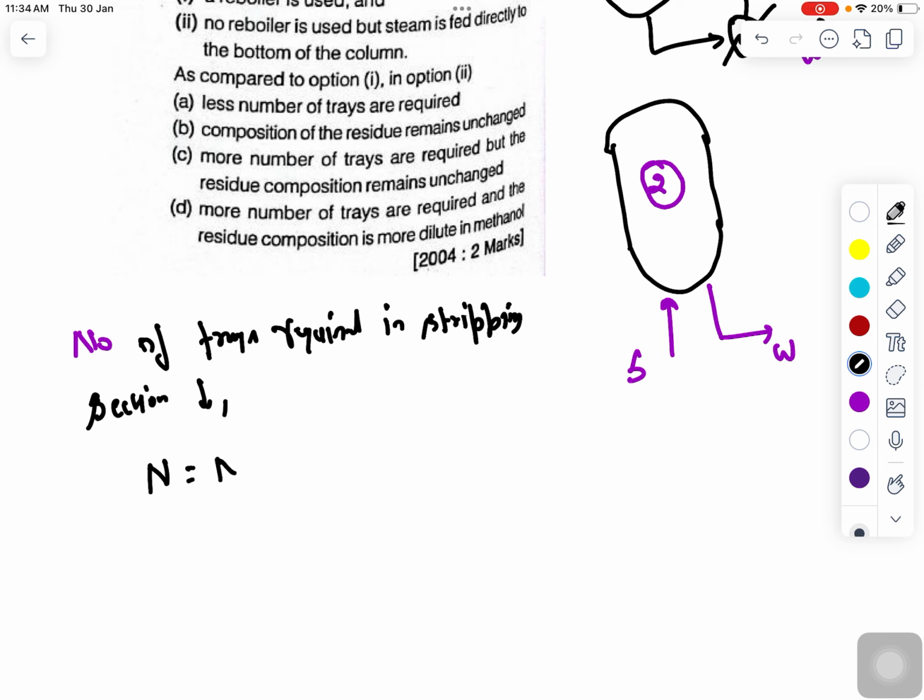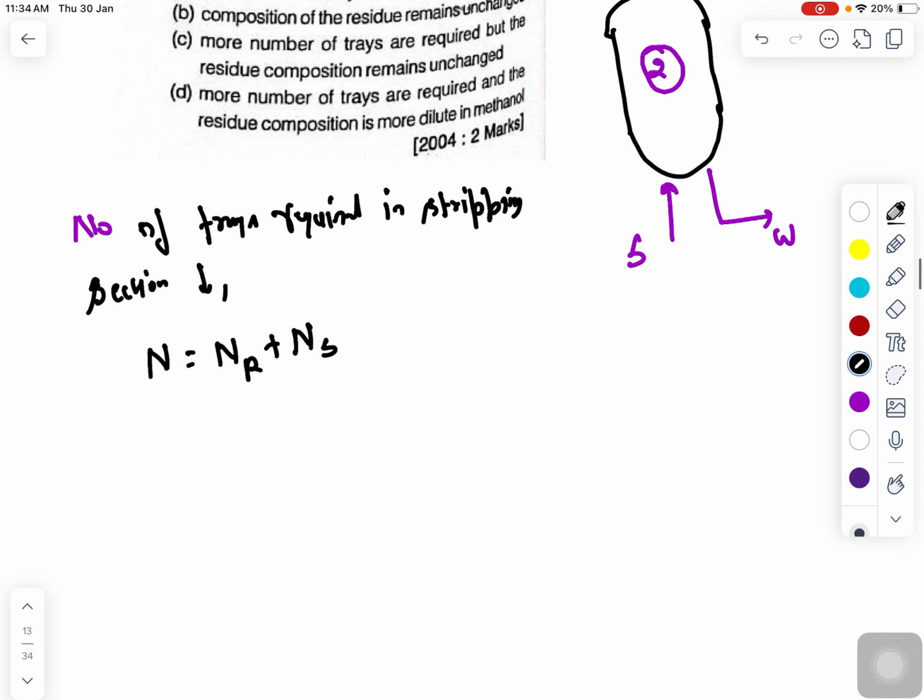So if the number of trays required in the stripping section decreases, then the total number of trays will be equal to the number of trays required in the rectifying section plus the number of trays required in the stripping section. So if it is decreasing, then the total number of trays required will be decreasing, right? But the number of trays required in the rectifying section will be fixed as it is. So you can see the number of trays required in the stripping section will decrease.